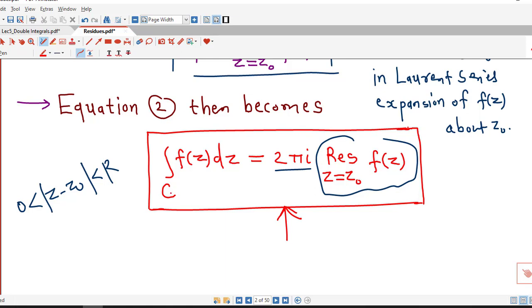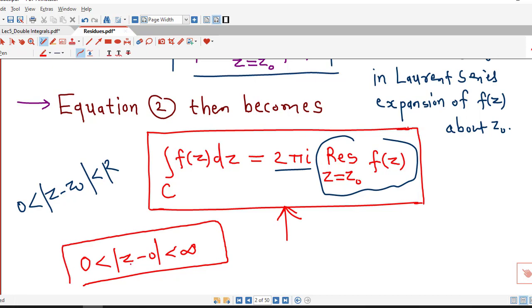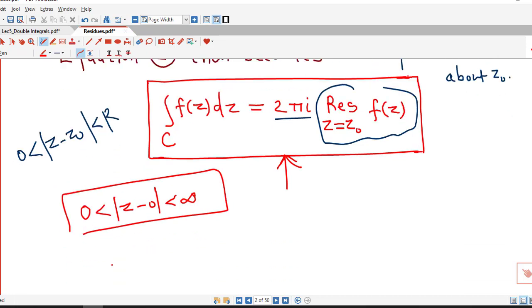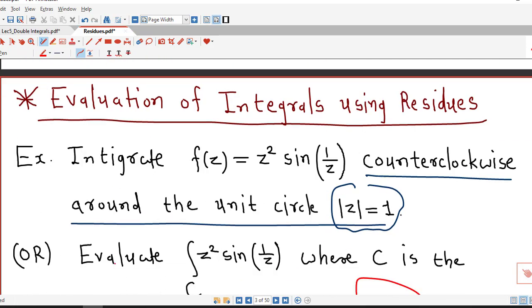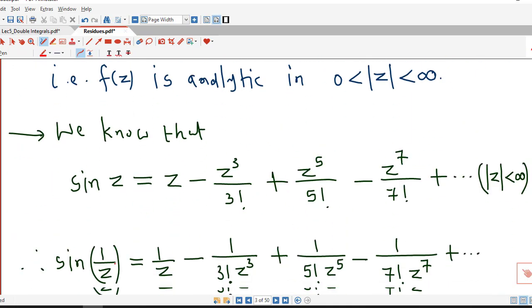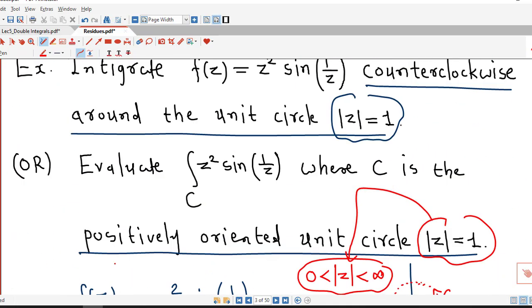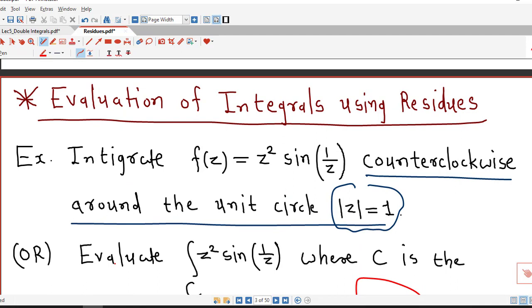Here this C is the simple closed contour mod z equal to 1, and it lies in the domain 0 less than mod z minus 0 less than infinity, in which our function has a Laurent series representation. So in this way we can evaluate certain types of integrals using residues also.